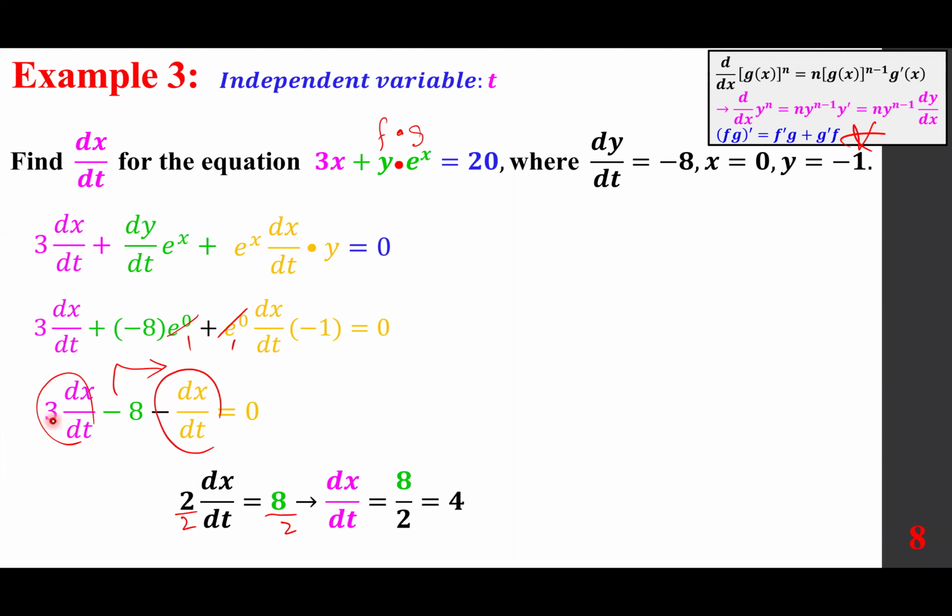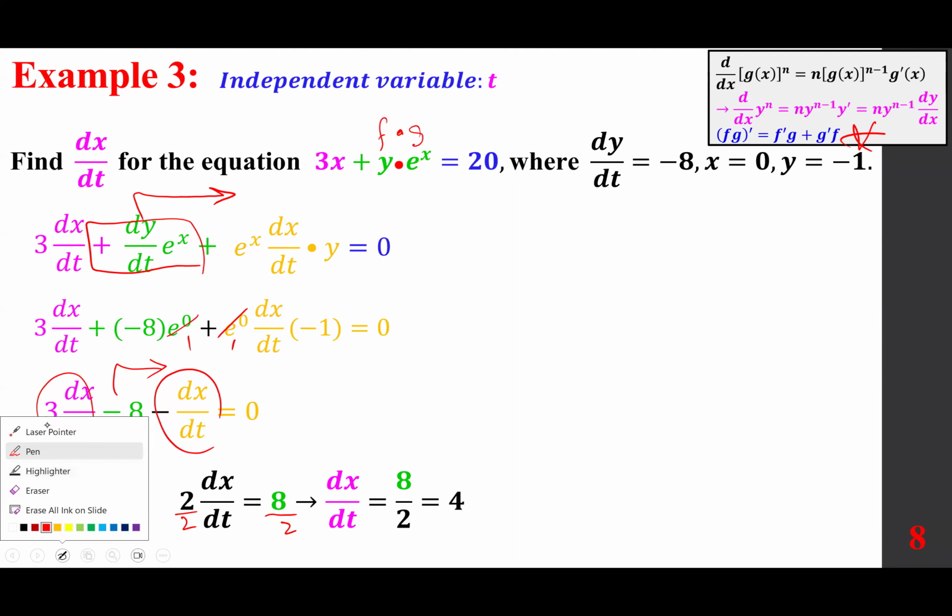Now, the second method is to solve for dx/dt, which means we're going to keep this, keep this, and then move this to the right and make it negative.